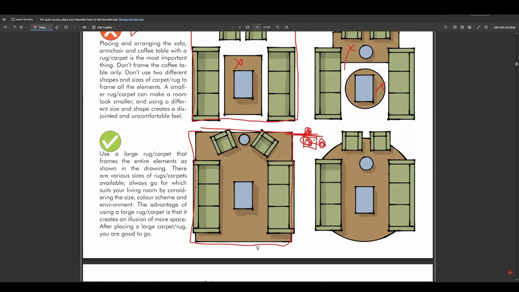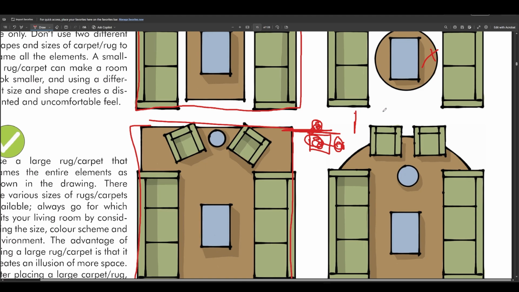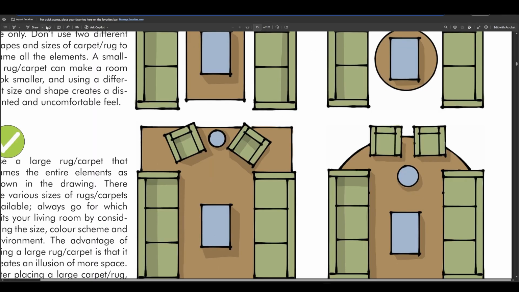So if this is the space, and if we are using this, then this space is a little odd.